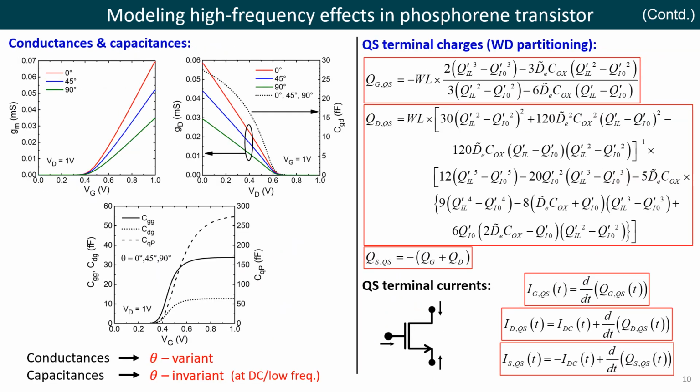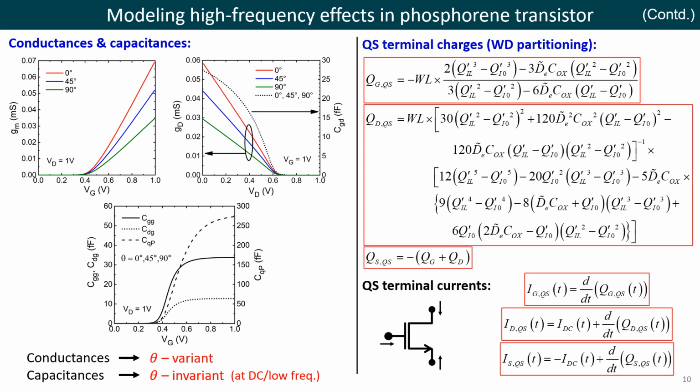Here are the plots of transconductance and transcapacitance profiles. The most important thing to note here is that the conductance profiles are theta variant, whereas the capacitance profiles are theta invariant. However, this is true only for DC or low frequency of operations, as will be revealed later.